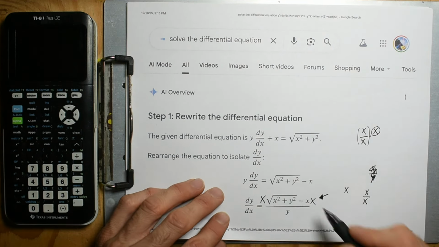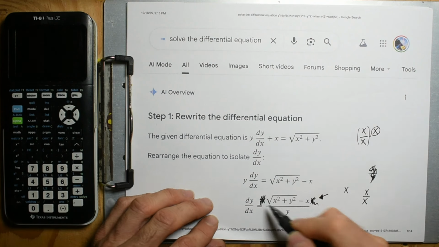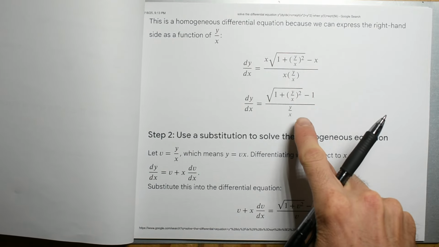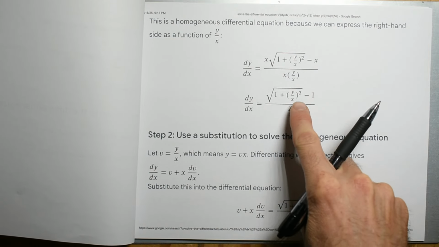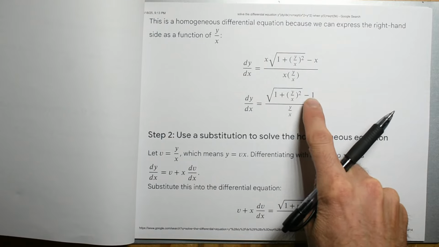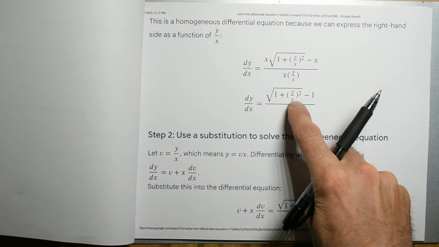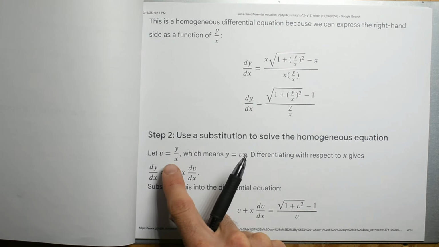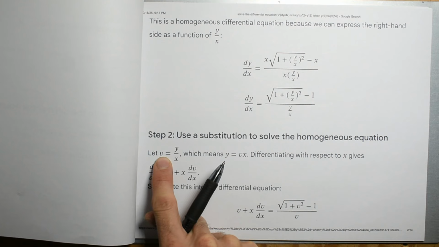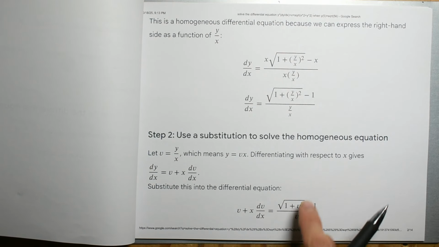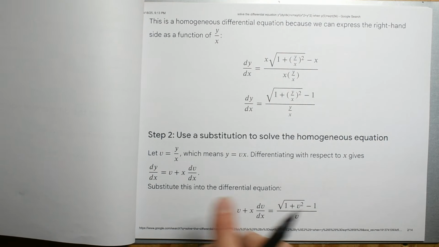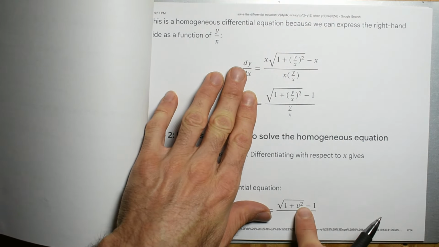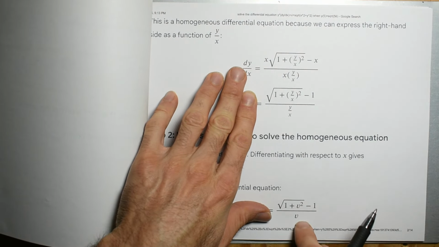What you're trying to do is get this equation in terms of a variable y over x. And if you do that, then you can do a substitution with another variable v. And what it looks like, at least this side for now, is 1 plus v squared minus 1 divided by v.